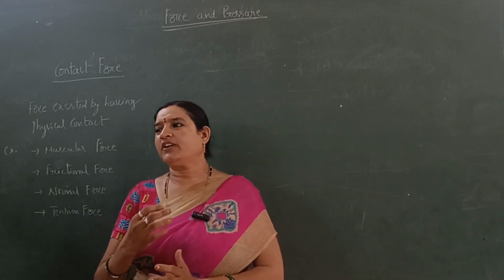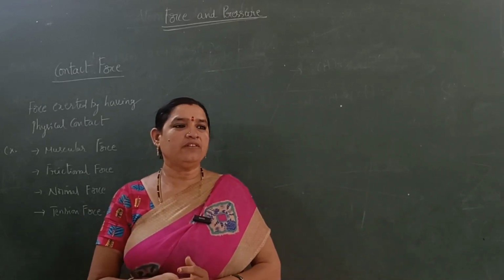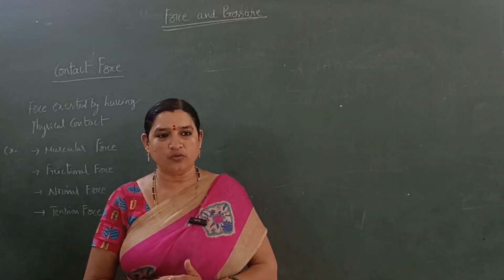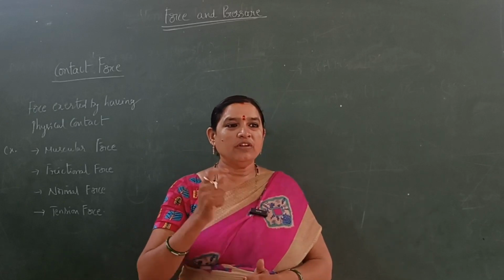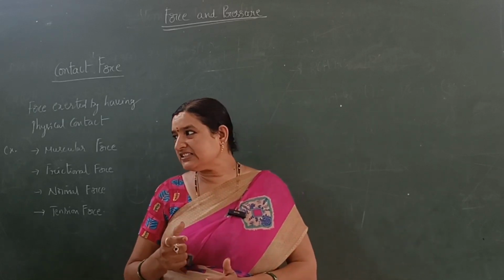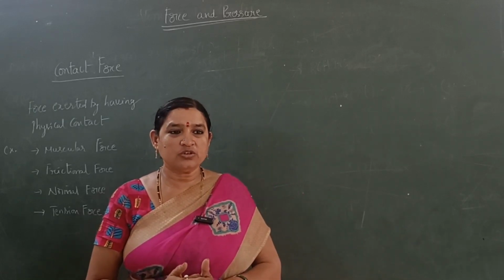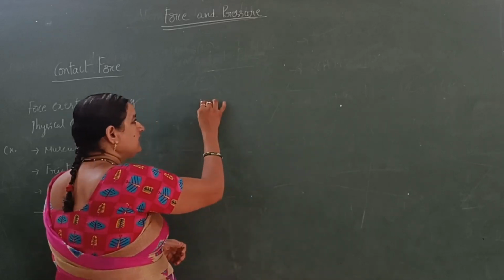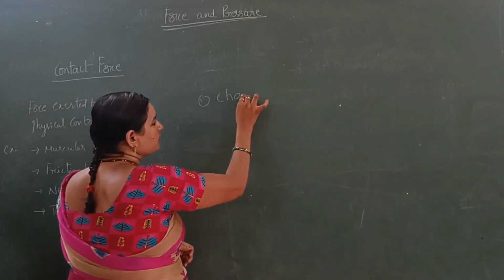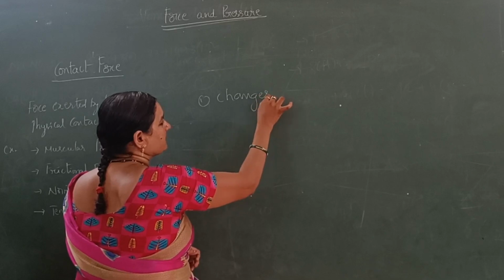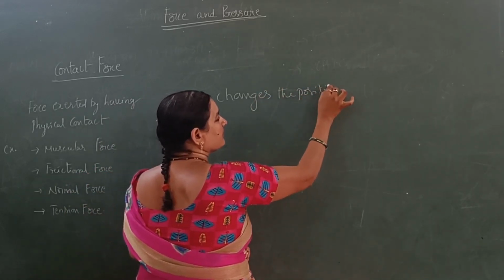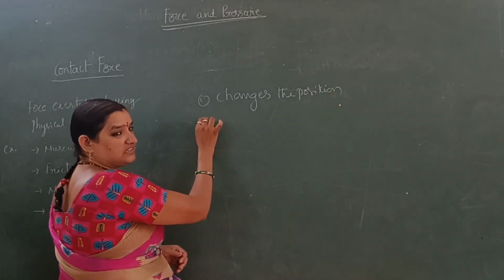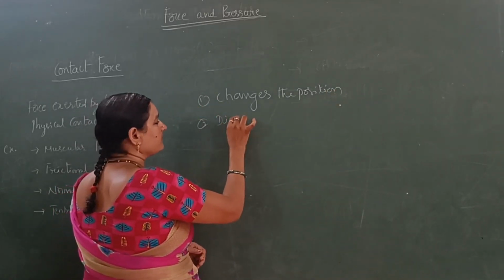What is the effect of force? We observe the effect of force in our day-to-day life. For suppose, if we want to throw a ball, we will use a force. It changes the position of the object. So the effect of force is it changes the position of an object. And also it changes the direction of the object.